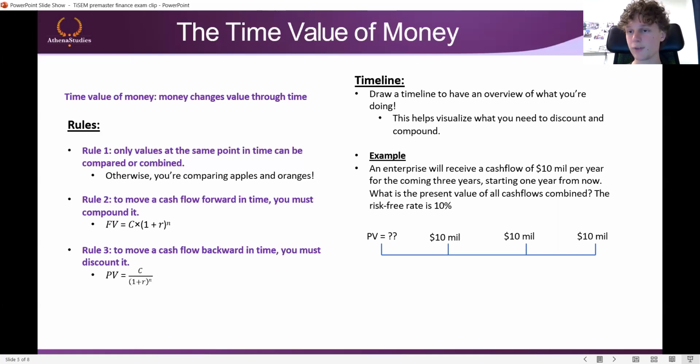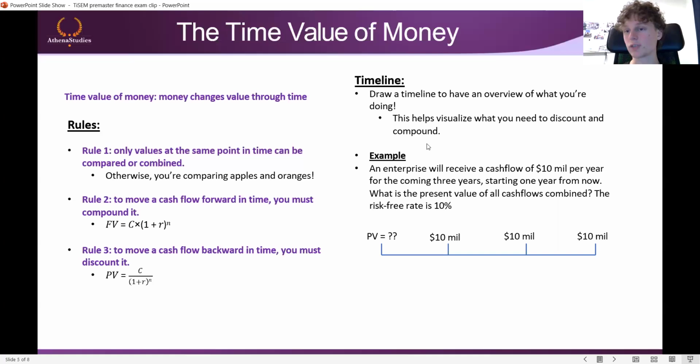For instance, if the risk-free interest rate is 30%, then $100 now will be worth $130 in the future, and that is worth more than $120 in the future. But if the risk-free interest rate is only 10%, then of course $120 in the future is better than $100 now. So we can only ever compare values at the same point in time.